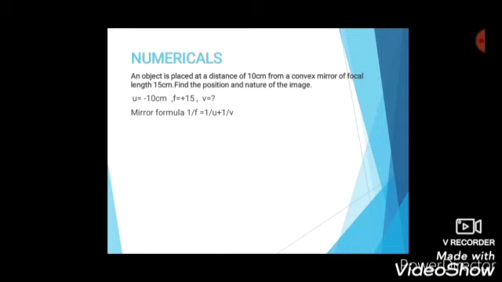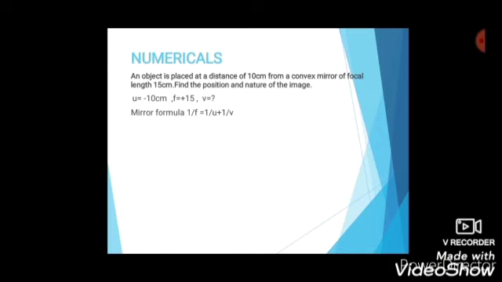The object is placed at 10 centimeter, and it's a convex mirror, so U is -10 centimeter. Why is it minus? Because in the case of a convex mirror or a concave mirror, the object distance is always towards the left. So U is -10 centimeter. Now the focal length: in the case of a convex mirror, the focal length lies towards the right of the mirror.